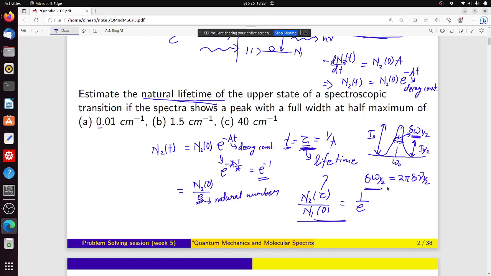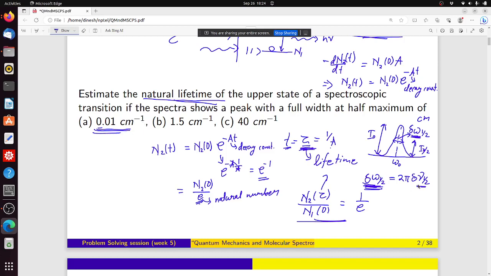Okay, so this is angular. If you say this in frequency terms, this is absolute angular frequency, but we are defining width, so maybe its dimension will be in centimeter inverse. You check this question. The width is defined in centimeter inverse.